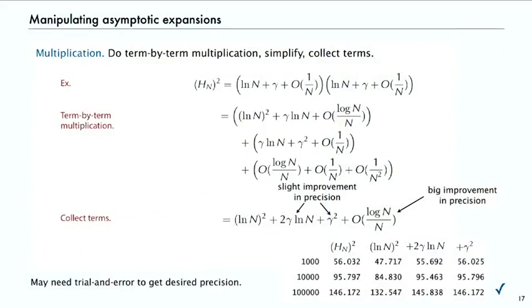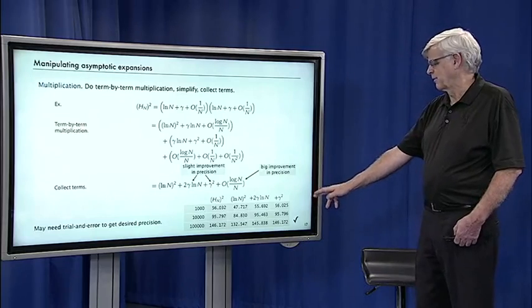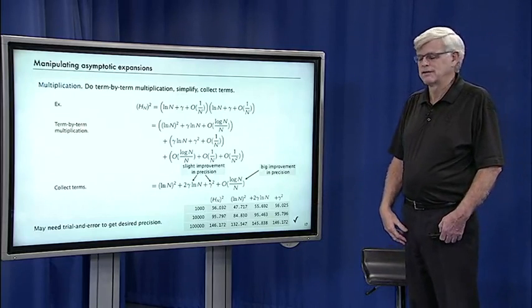So H_n squared is the quantity that we're trying to estimate. And if you just tried to estimate it with log n squared, you can see you'd still be off by a fair amount, 10% even for 100,000. If you add the 2 gamma log n, you come much closer. And add the gamma squared, and actually we're accurate to 3 decimal places.